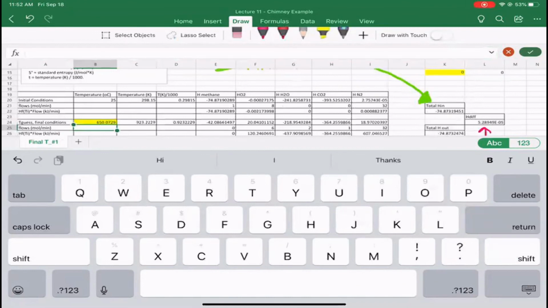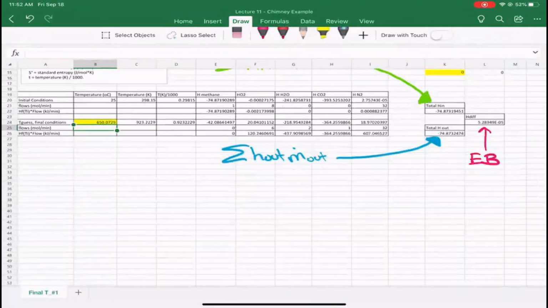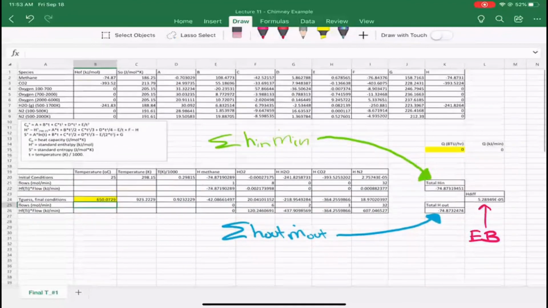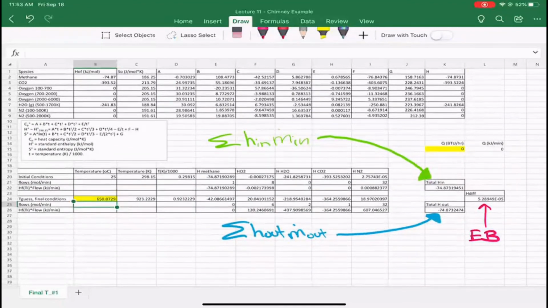And now you'll see that our energy balance is approximately equal to 0 with this new temperature. So our exit temperature in this chimney, of the gas that's leaving the chimney, is about 650 degrees C, or 923.22 Kelvin.